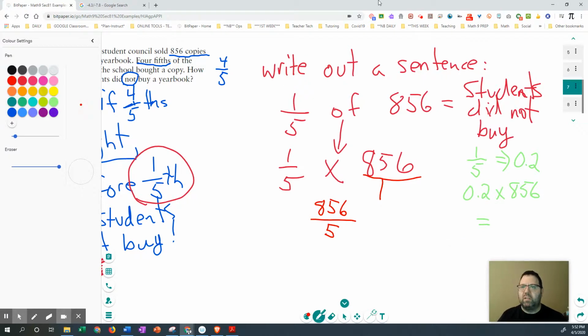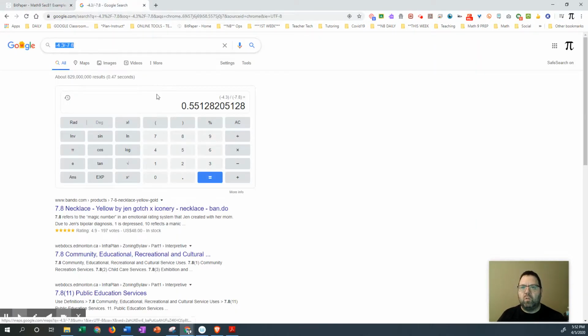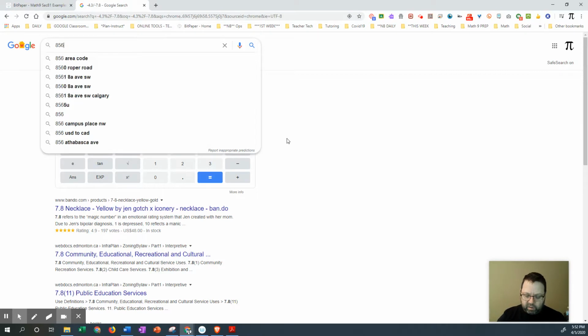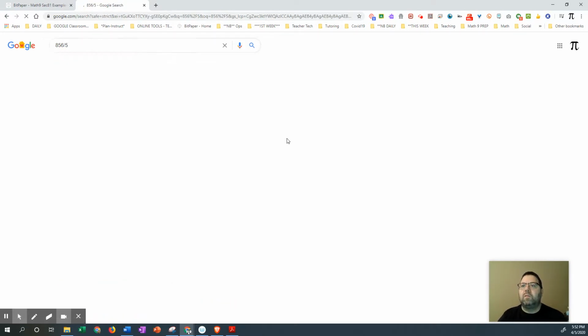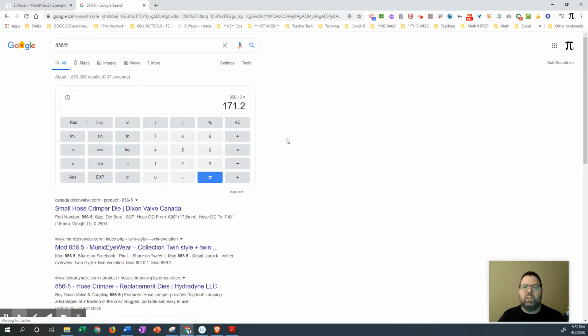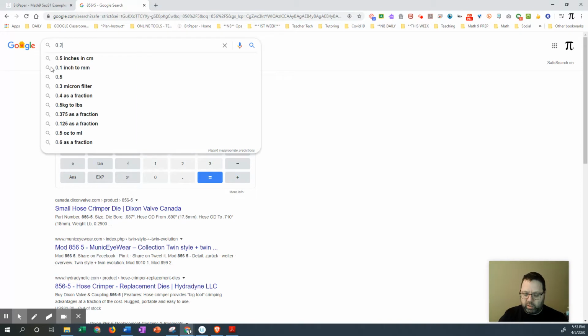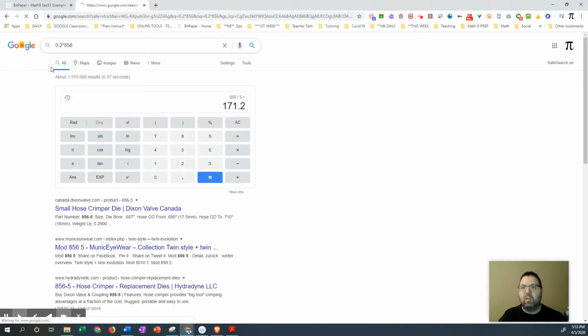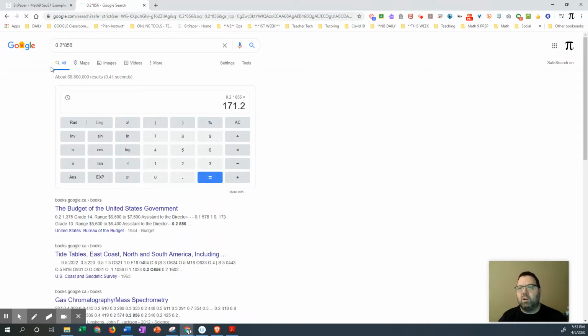Let's check it. Let's go over here to our handy dandy calculator. 856 divided by 5 is 171.2. There's no way they could sell 0.2 of a yearbook. We got to use a little bit of common sense here, and so it has to be rounded down to 171. Now, the other way of doing it was to say 0.2 times 856, and shocker, it's the same thing.